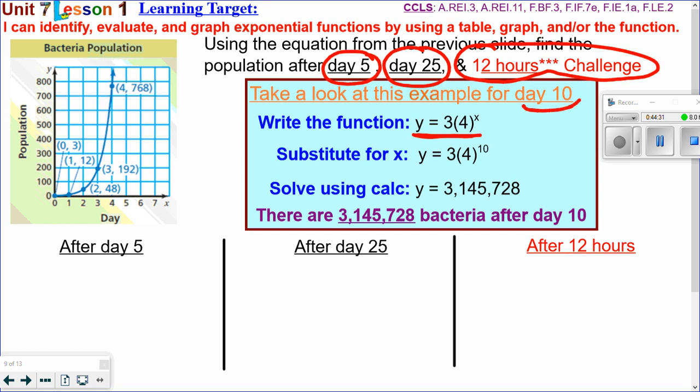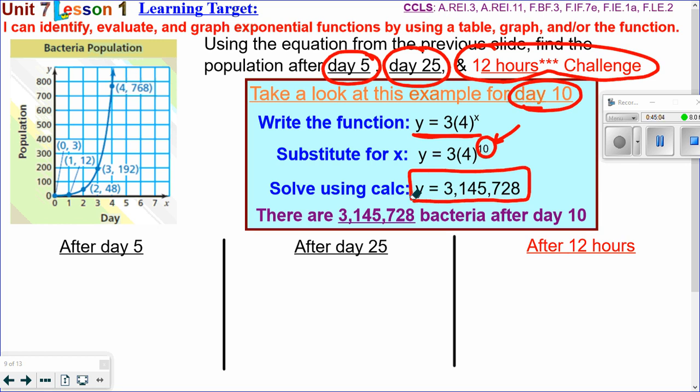So this is an example of what the bacteria population will be after day 10. So all you're doing is substituting the x. Remember, x is the input. That's basically always time. So 10 is the input. So you do 3 times 4 to the 10th power and solve using the calculator, and that's it.